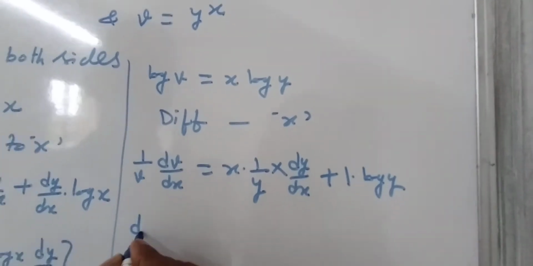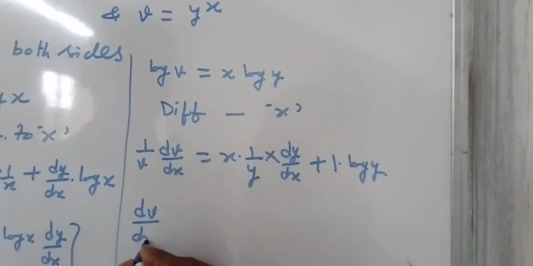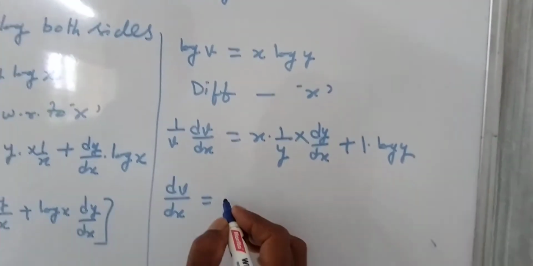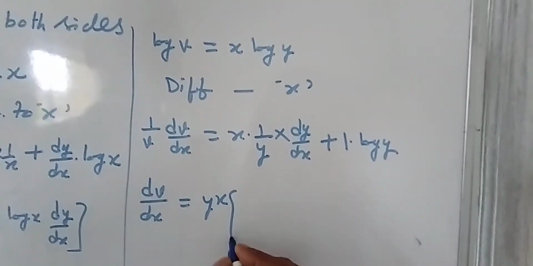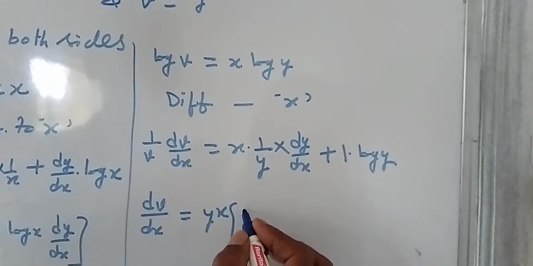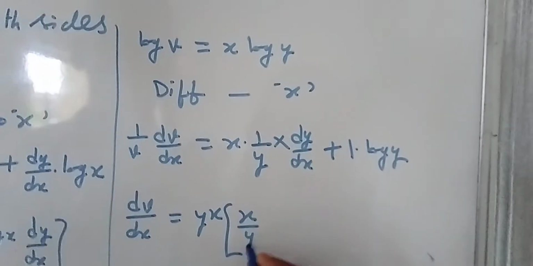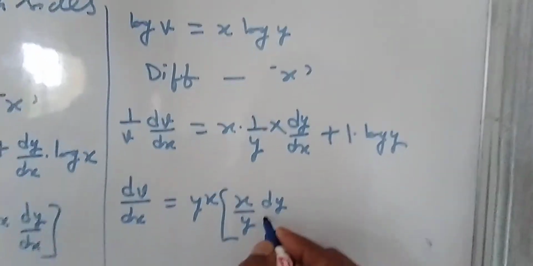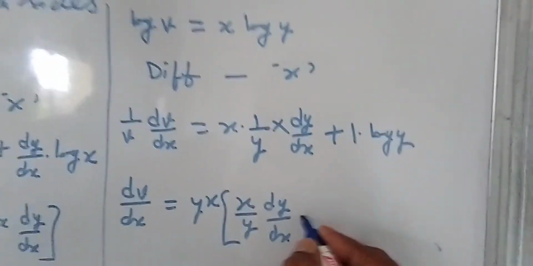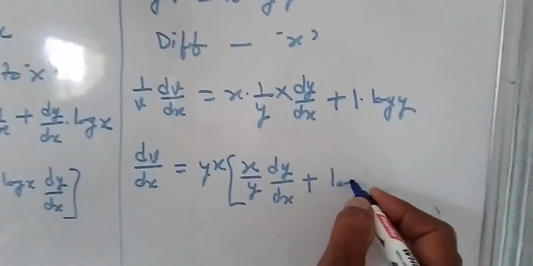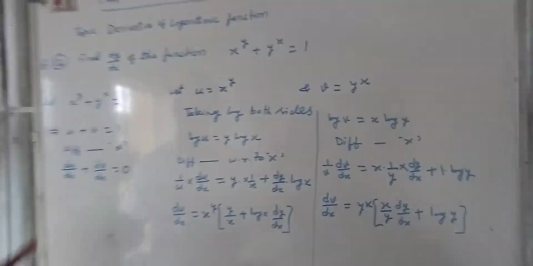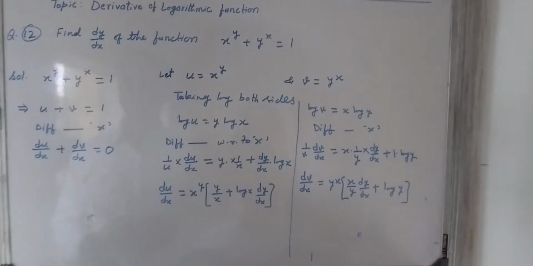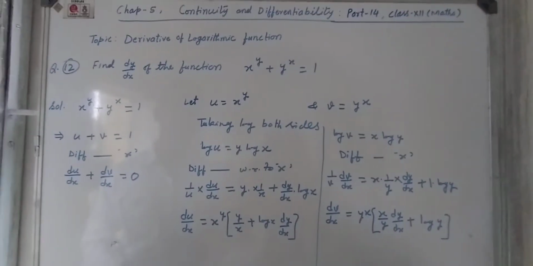So dv by dx equals v, that means y to the power x, into (x by y dy by dx plus log y). So now we will put the value of du by dx and dv by dx to find the value of dy by dx.